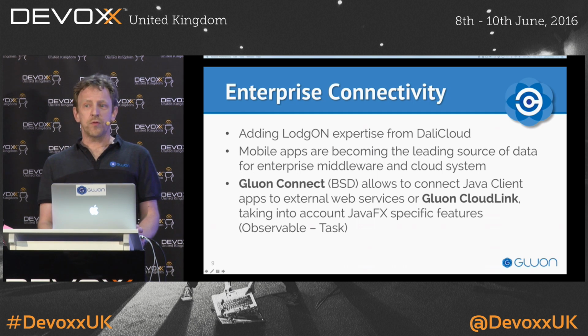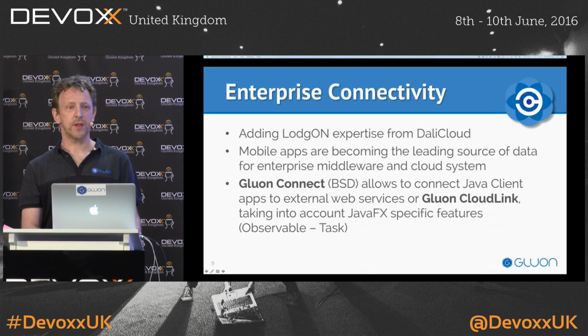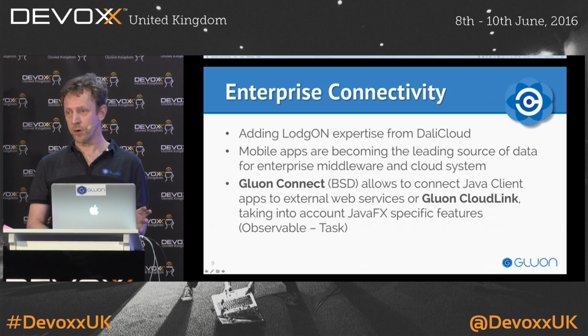Two very important paradigms in the JavaFX world are the observable and the task. Now I will very briefly talk about observable. The observable interface in JavaFX is the one that makes sure that if you have data in a data model class, this data can be coupled to a user interface component.